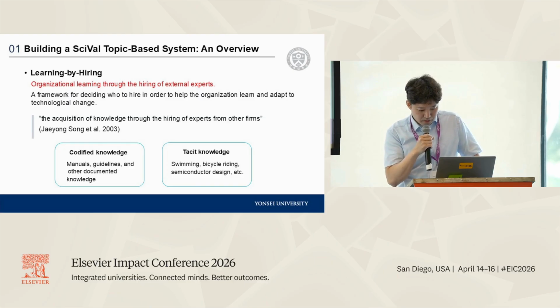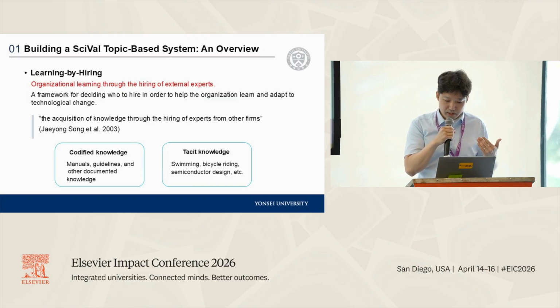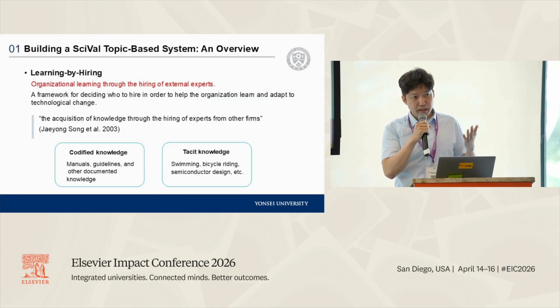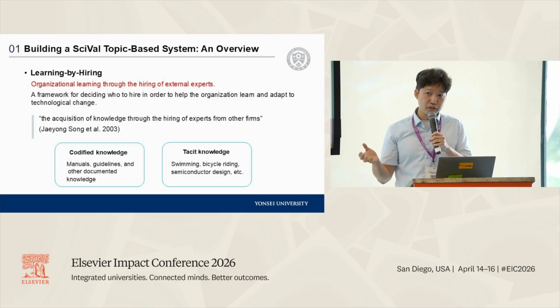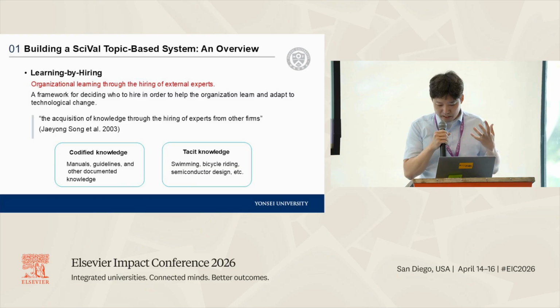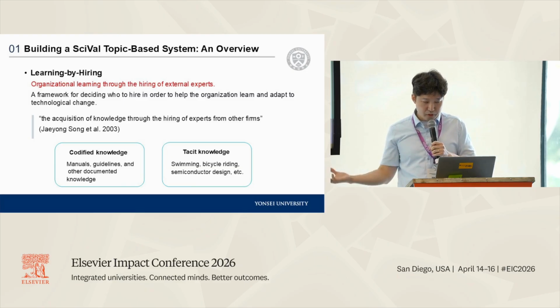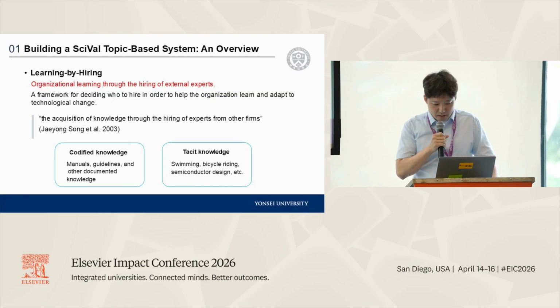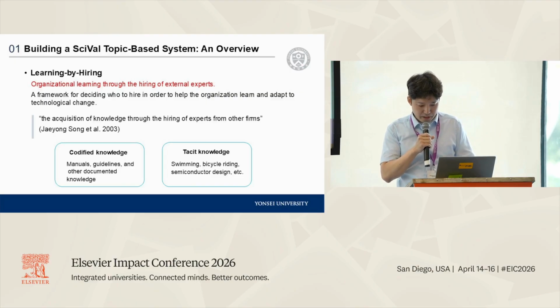Examples include skills like swimming, riding a bicycle, or more relevantly, semiconductor design. When a highly sophisticated expertise is at the fingertips of an engineer, the only way for an organization to acquire the knowledge is to hire the person entirely. So by bringing the individual into the organization, we facilitate the transfer of the tacit knowledge. So that's the fundamental essence of learning by hiring.